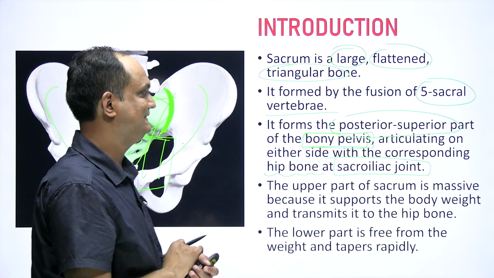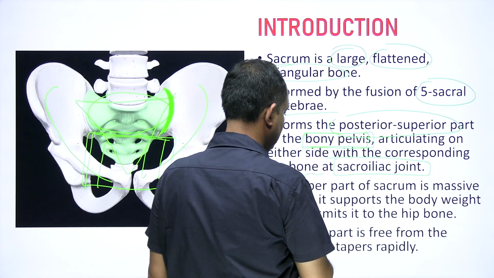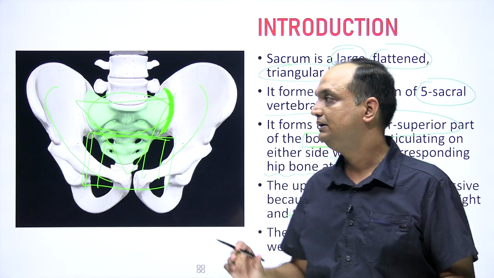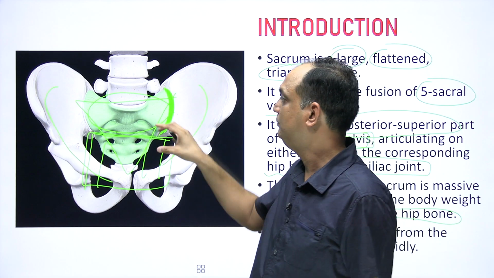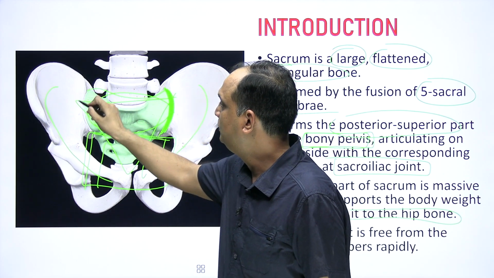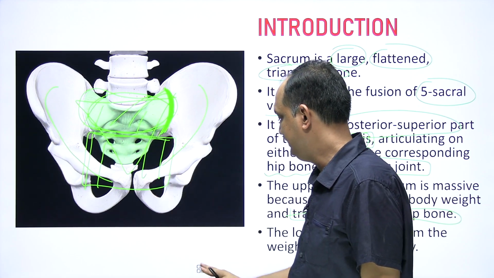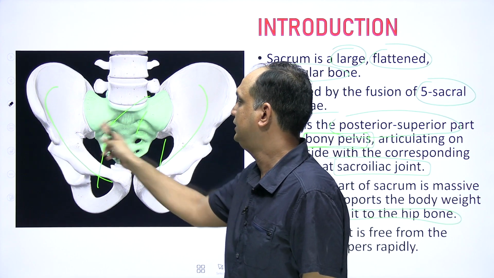The upper part of the sacrum is massive because it supports the body weight and transmits the weight to the hip bone. When you see the structure of the sacrum, you will realize that it has more density, more bony mass in the upper part, particularly in the area which makes the joint with the hip bone.